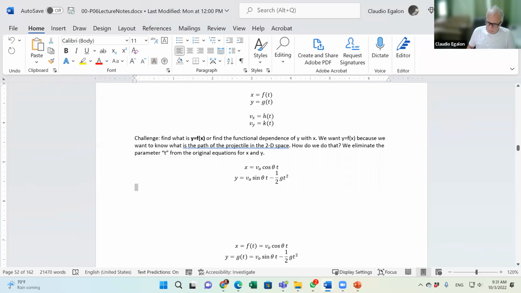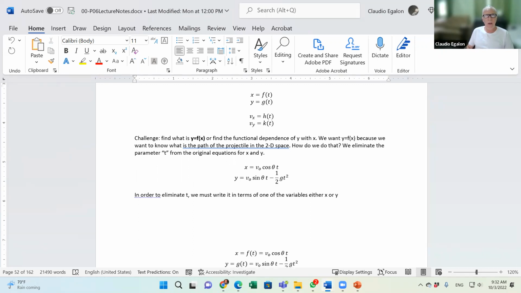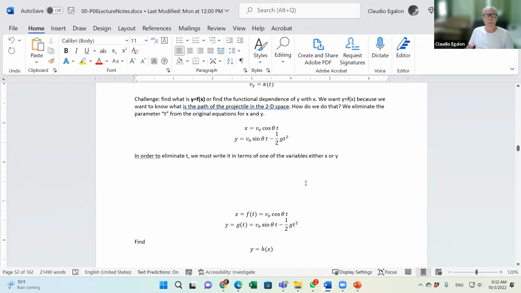Okay, so in order to eliminate t, we must write it in terms of one of the other variables, either x or y. So we have this option here.